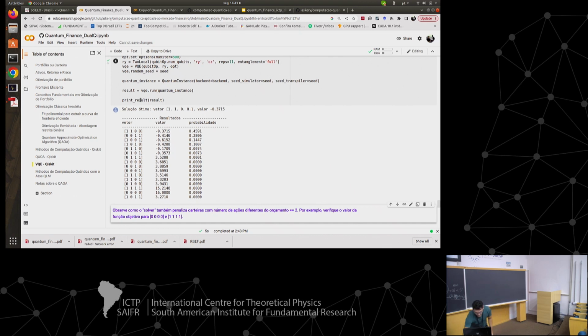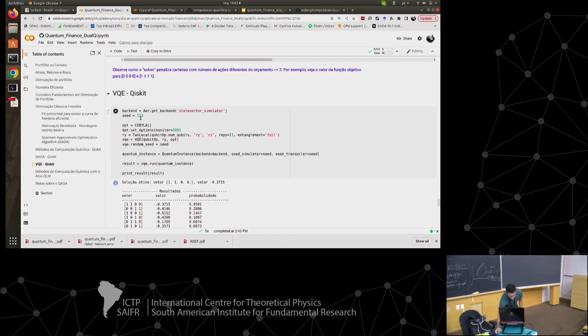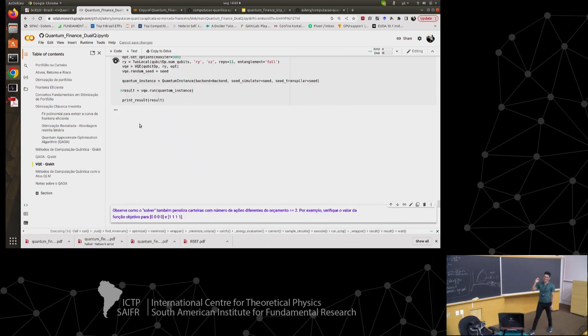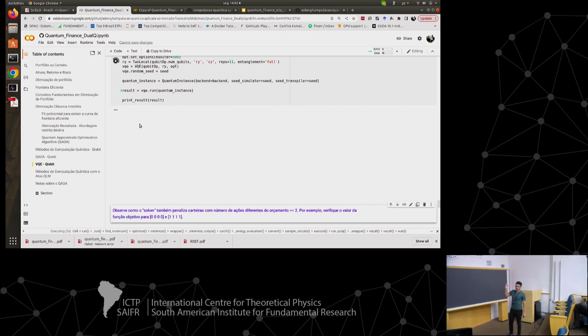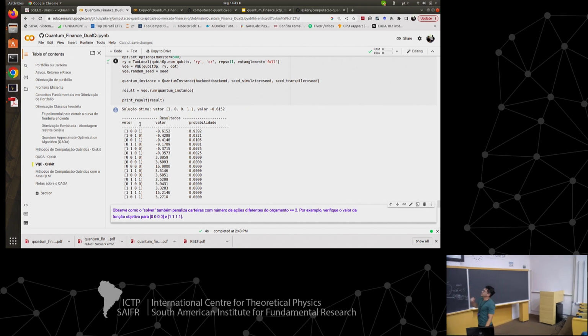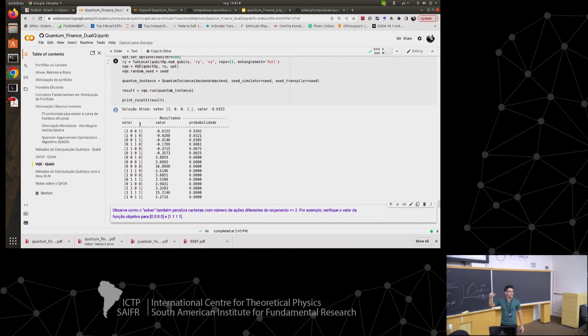So let's just play. The one that was working, I have to copy it here before I forget, and then the code is useless. Yes, let's try again. I will do the same with QAOA, just in case, and let's change the seed. Now it's a very good solution.